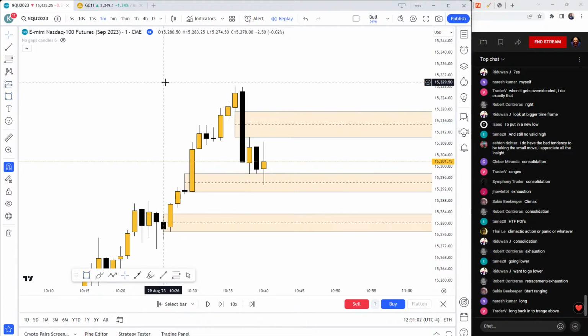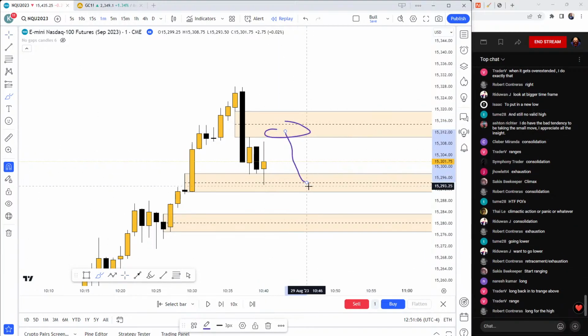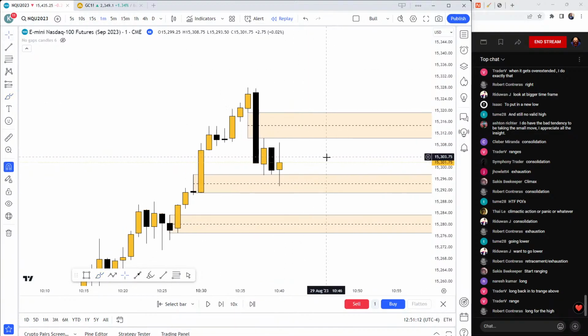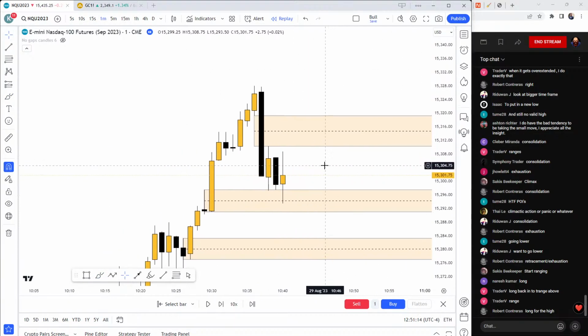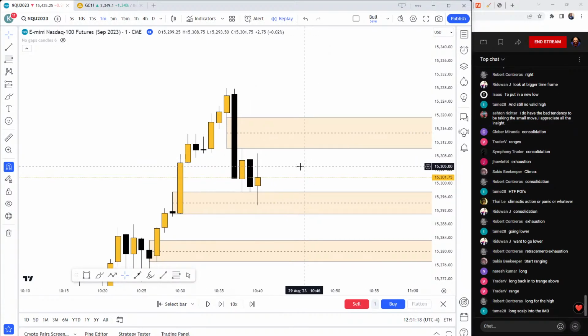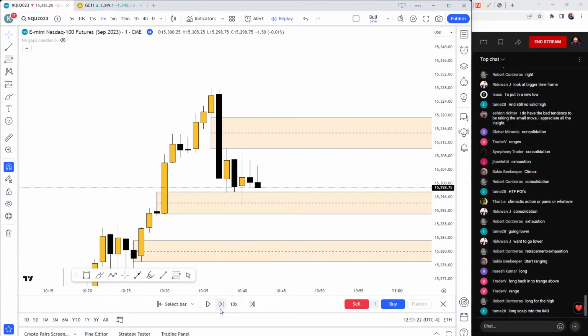If we're going to go lower, we're probably tapping into this, which then takes us lower. I don't like that we didn't tap into it immediately, but it's a possibility. Inside bar. Right, this is going to lead to expansion one way or the other.